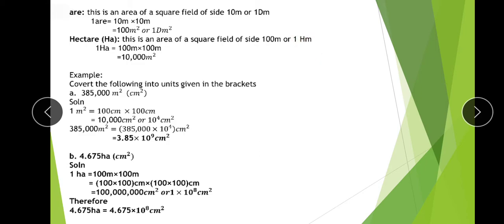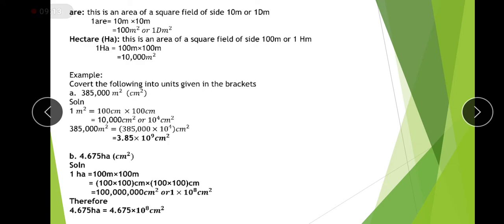If you have a piece of land measuring 100 meter by 100 meter, then you have 1 hectare. That is 100 meter multiplied by 100 meter, which is 10,000 square meter. Therefore, 1 hectare is equivalent to 10,000 square meter.